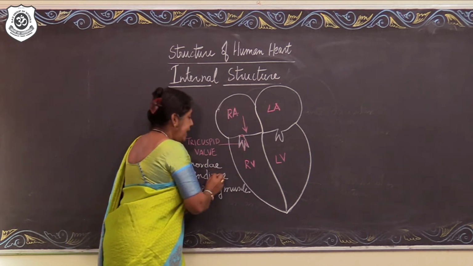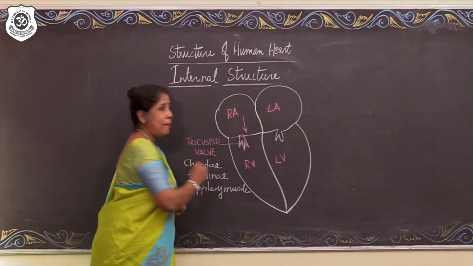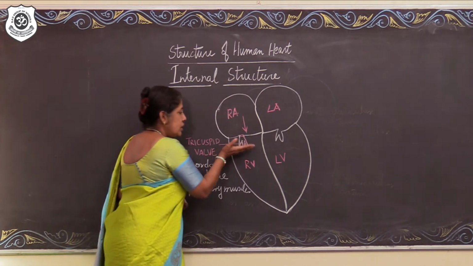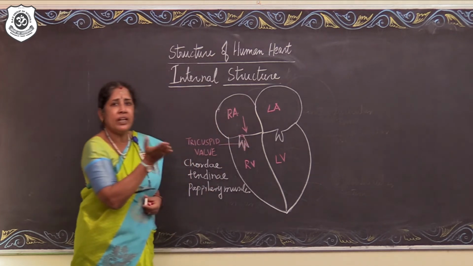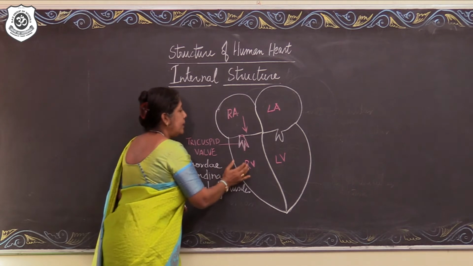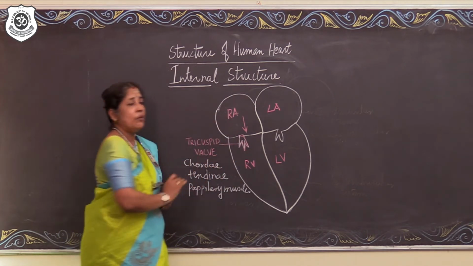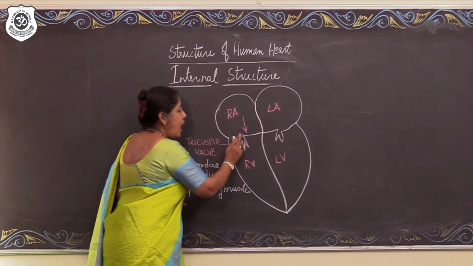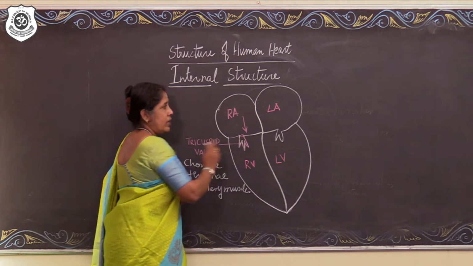So the chordae tendineae are thin fibers which are connected to the papillary muscle, and they ensure that when the valve closes, it perfectly closes without allowing the blood to go back into the auricle. So the tricuspid valve is present guarding the opening between the right auricle and the right ventricle.